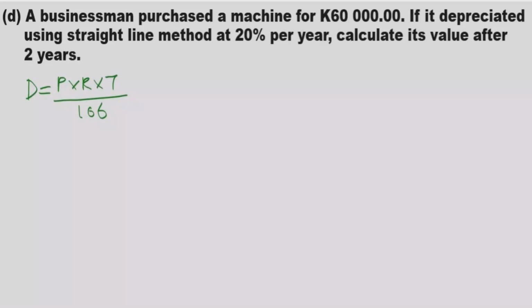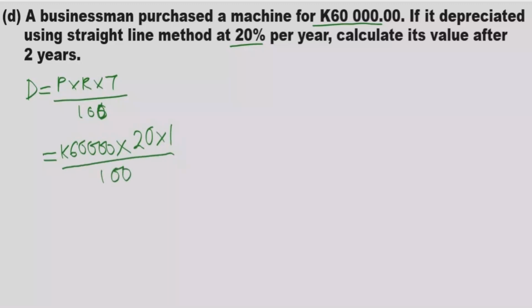So we have principal, we are told that is 60,000. Then times rate, that is 20, because it's out of 100. Then times, we want to find first the depreciation of this machine for 1 year, so we say times 1. Then the whole of that over 100.